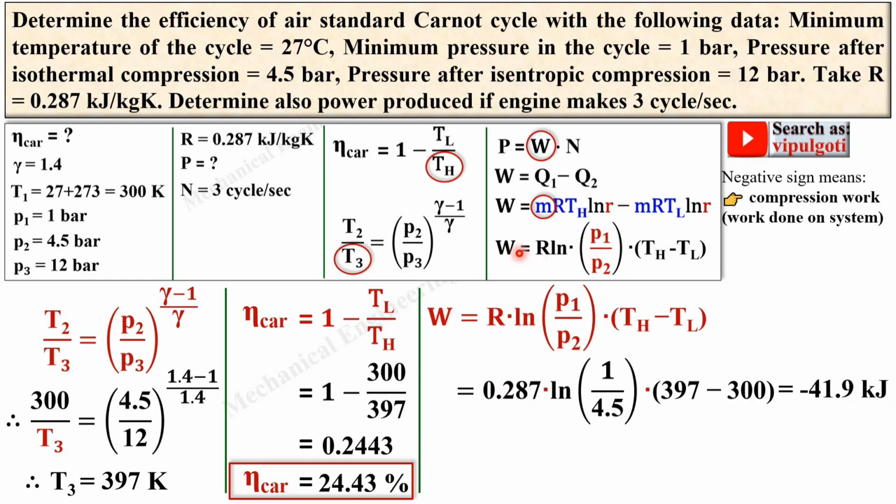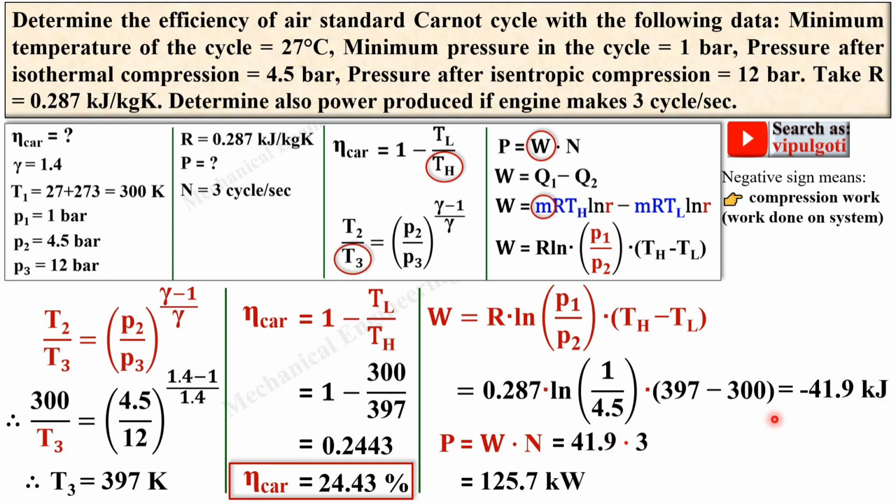So once you got this W, then simply you can use this equation for the power. So put it over here. W is equal to 41.9, N is equal to 3. So you will get 125.7 kilowatt, because you know that power is always in watt or kilowatt. But again you know that the work done is in kilojoule, so it must be in kilowatt.